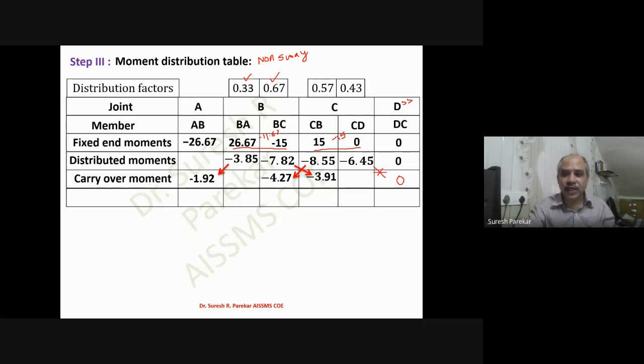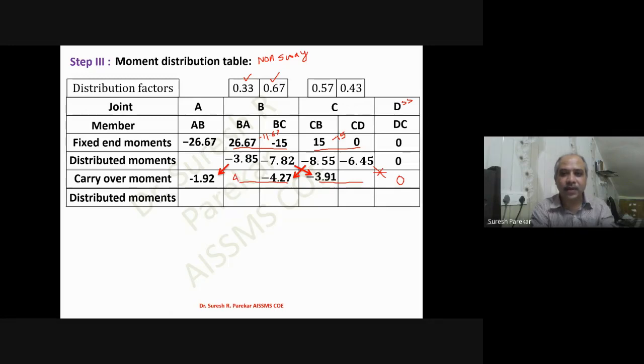And then we will go with the distributed moment again, because now I have for distribution this minus 4.27, which will be the unbalanced moment here. Here I have the unbalanced moment minus 0.39. So I have to balance it. How will I balance it?